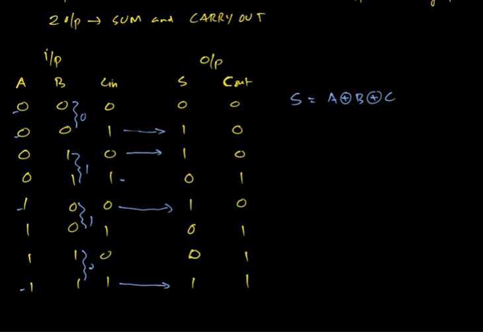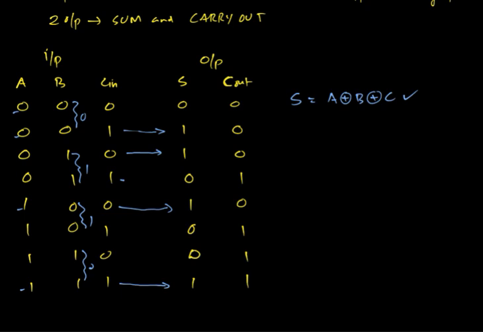So if you analyze the sum part of the output of this full adder, you can see that sum is given by the Boolean expression A exclusive OR B exclusive OR C.